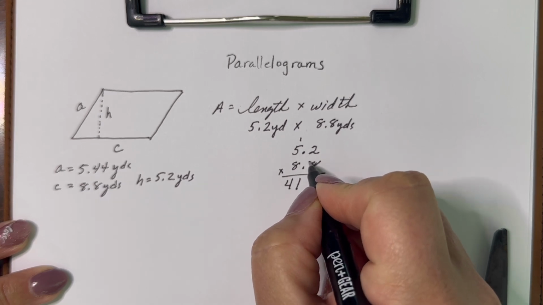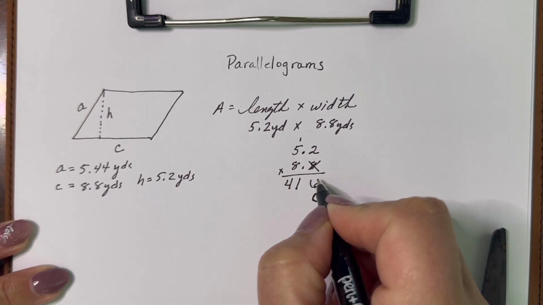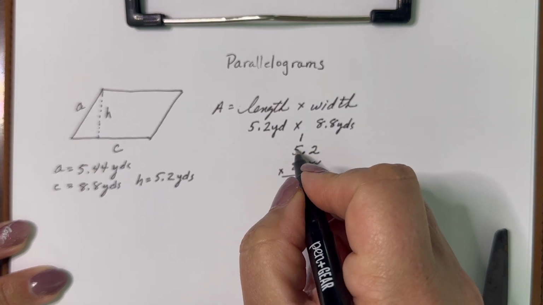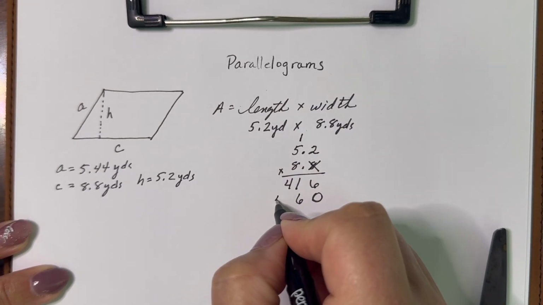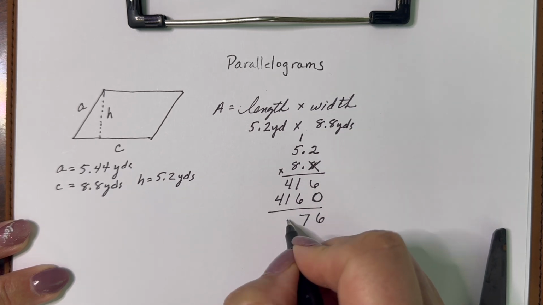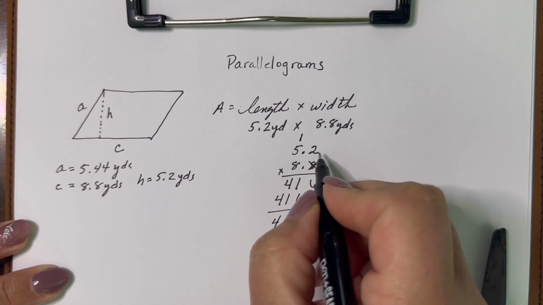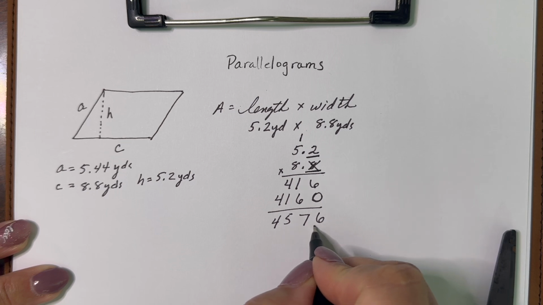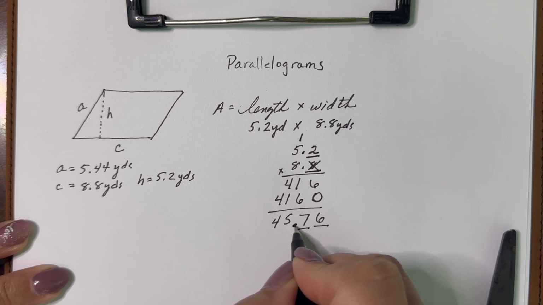I'm done with the first 8, so I'm going to put a 0 here. 8 times 2 is 16, carry the 1. 8 times 5 is 40, plus 1 more is 41. I'm going to add these together, 6, 7, 5, 4. And there are two numbers behind the decimal, so we want 2 numbers behind the decimal.